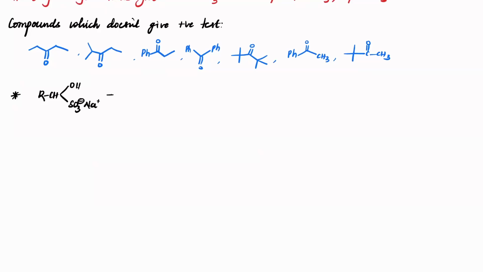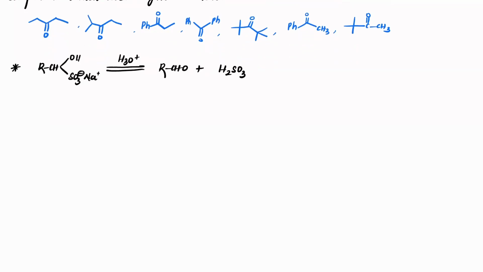Now this white precipitate, if you subject it to acidic medium, acidic hydrolysis, will again come back into the aldehyde, just like the acetal form. This also gets dissolved and converted into the aldehyde form and separates as H2SO3. Okay. This is a technique that we can use.